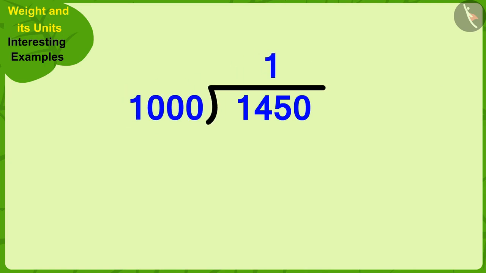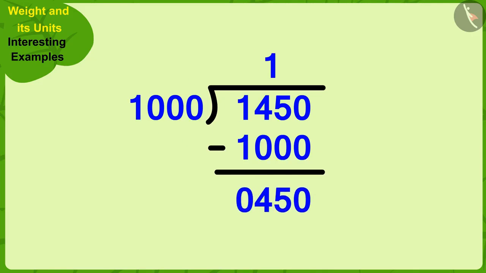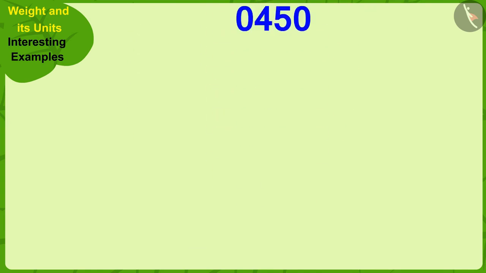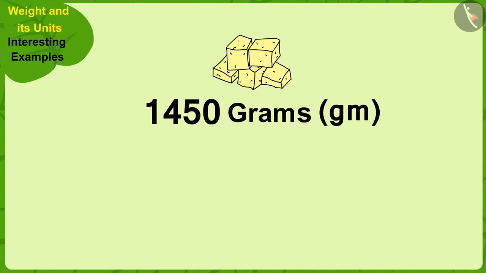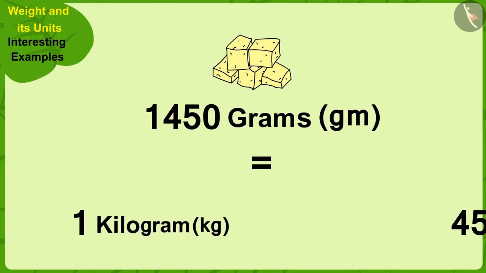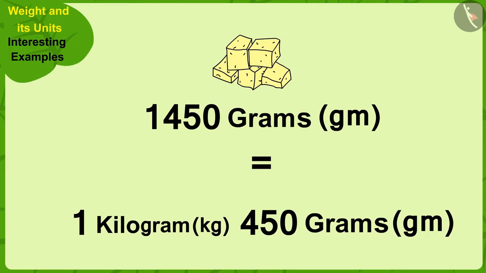Now, it is very easy. Whatever number is written here on top is in kilograms and the remaining number are the remaining grams. This means 1450 grams is 1 kilogram and 450 grams.